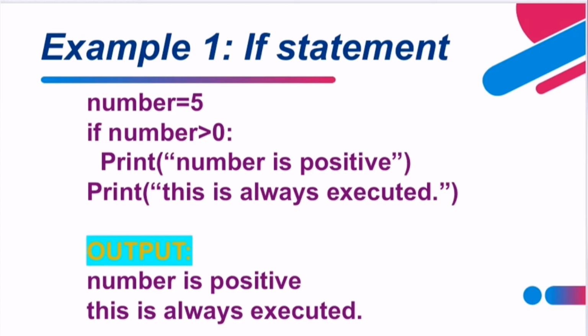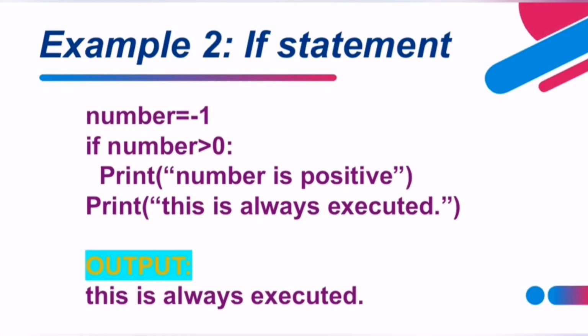So if number is greater than 0, then the print statement will execute. Here number greater than 0 evaluates to true because 5 greater than 0 is true. Hence the body of the if statement, print number is positive, is executed. The statement print this is always executed is outside the body of the if statement, hence it is always executed.